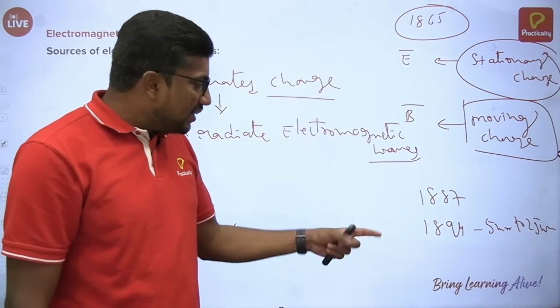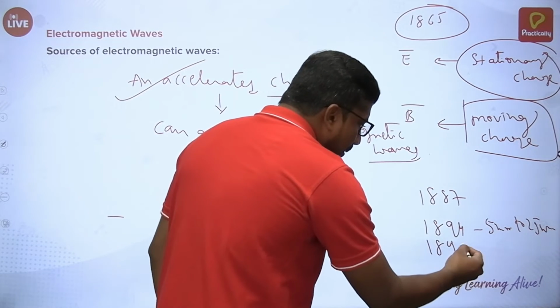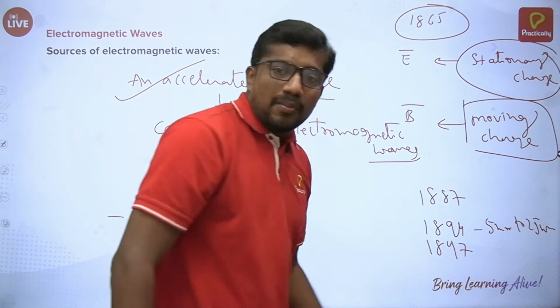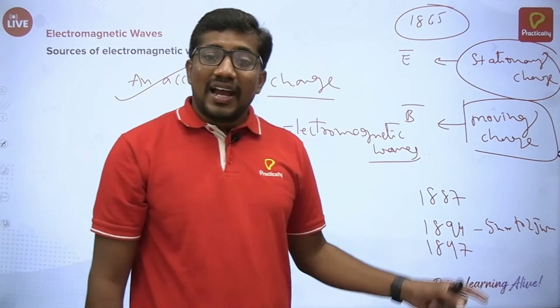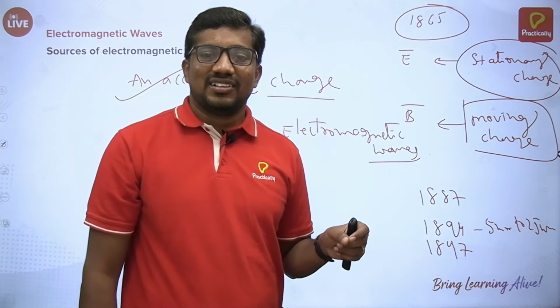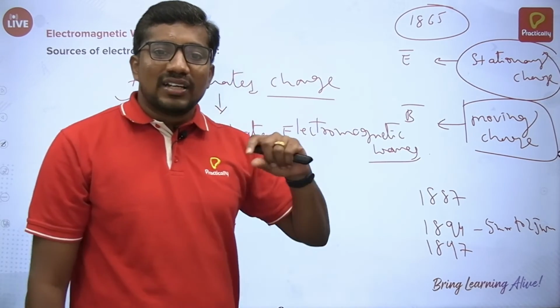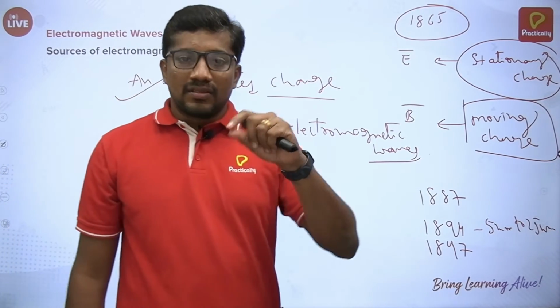Then the same analysis was continued by another scientist called Marconi in the year 1897, and he tried to establish wireless communication from one point to another point. How? The spark plug we know, right?